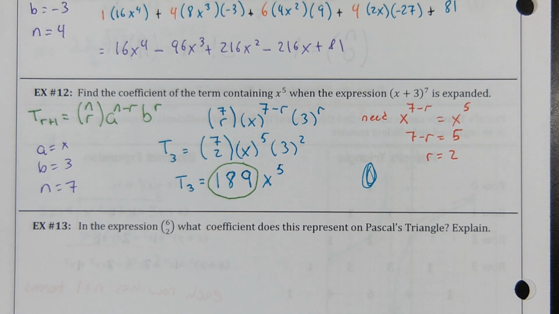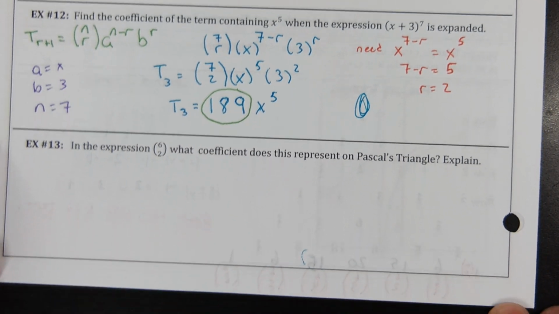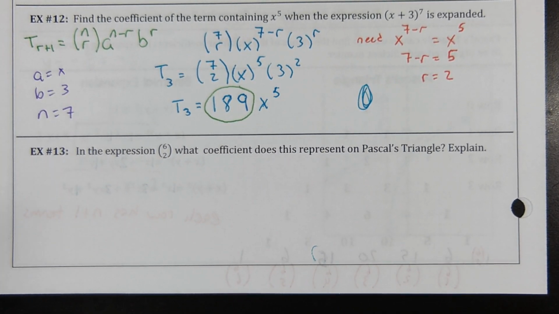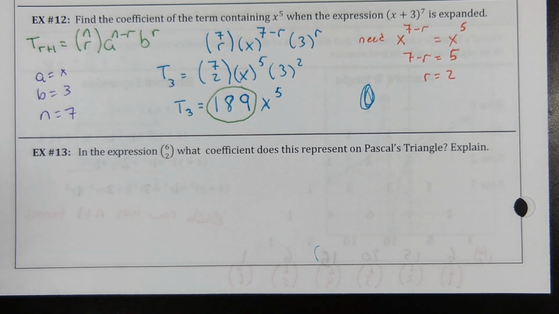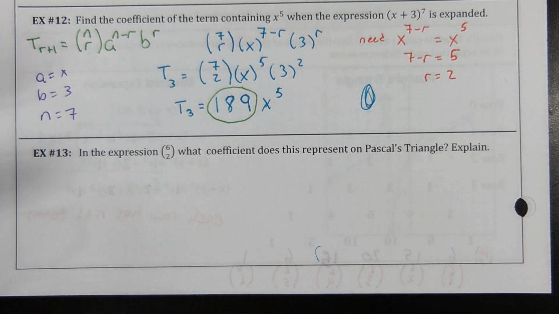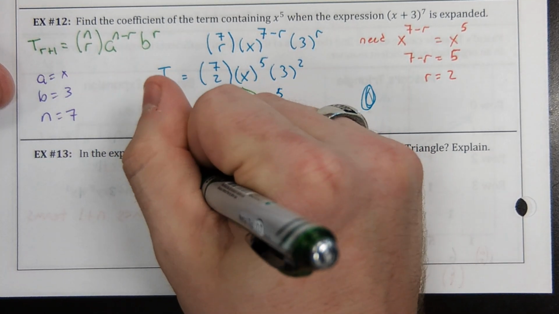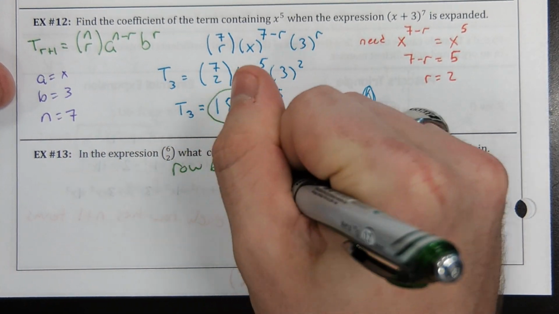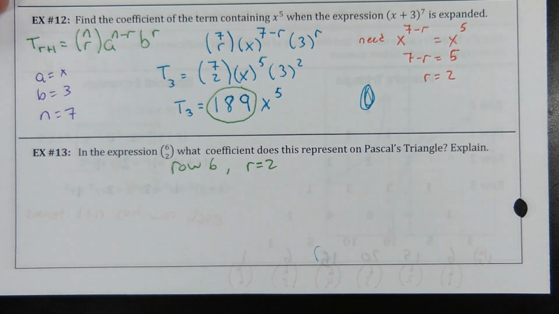Okay. This question says, in the expansion of 6 choose 2, what coefficient does this represent on Pascal's triangle? And to explain. So I'm going to tell you which position it is. So if you have 6 choose 2, what is R? It's 2. So this is row 6, and R equals 2.